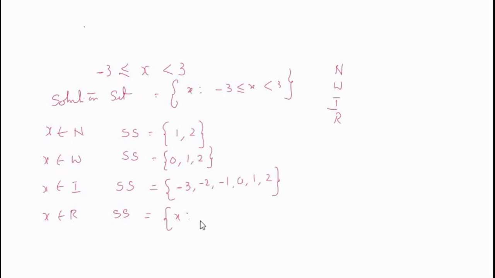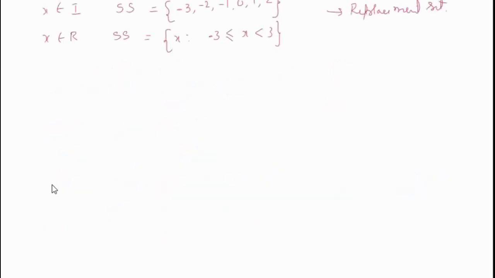The way of writing is x such that it is greater than or equal to minus 3 and less than 3. The number set to which x belongs is known as the replacement set. So in the first case, the replacement set is natural numbers. Second case, whole numbers. Third case, integers. And the fourth case, real numbers.